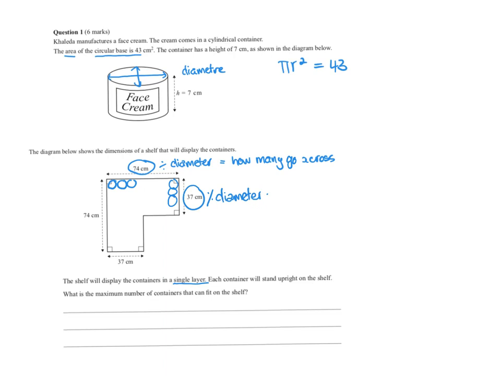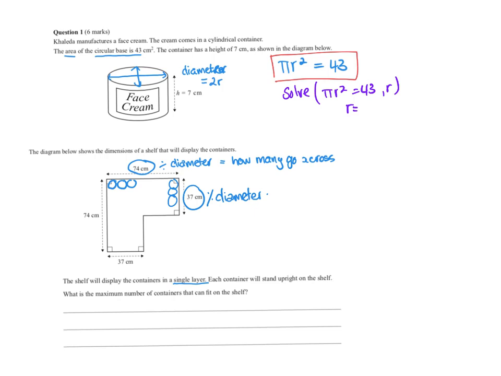So we need to find the diameter, which is equal to 2 times the radius. I can use this formula to find the radius: solve pi r squared equals 43, comma r.